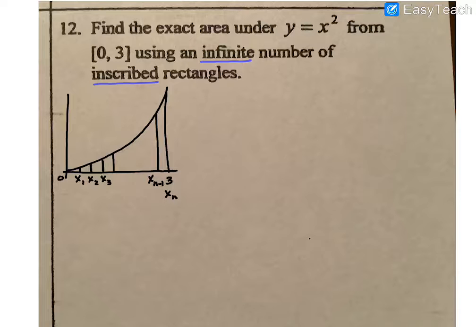Now, in this case, we were asked to do inscribed rectangles. And if you recall, inscribed are the rectangles that are within the figure. And so based on the direction my curve is going here, inscribed, so kind of lower, they need to be underneath.